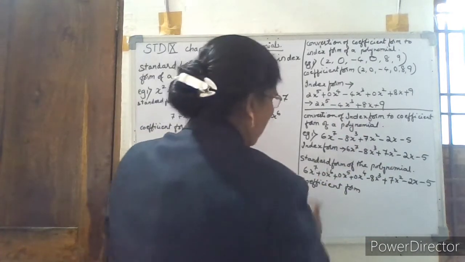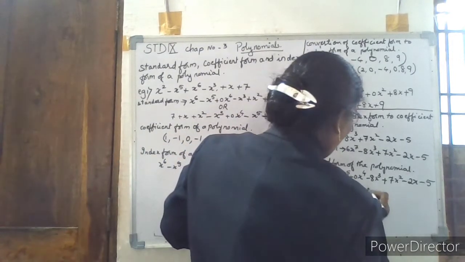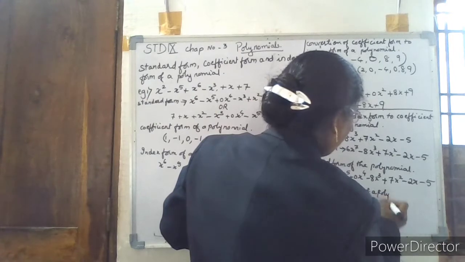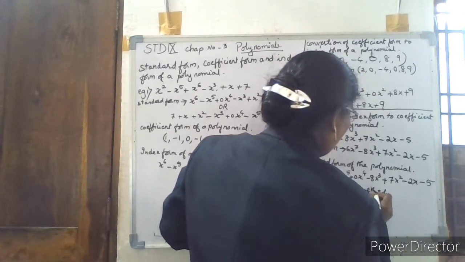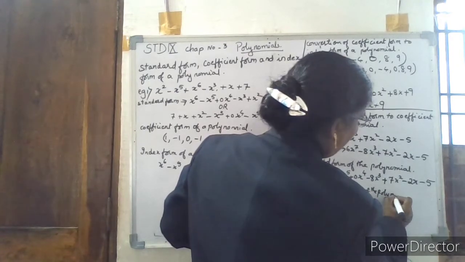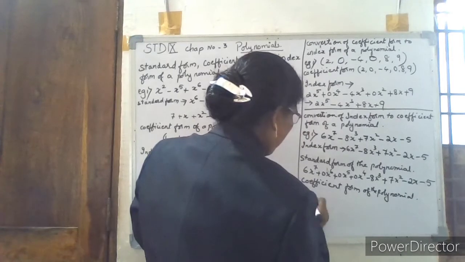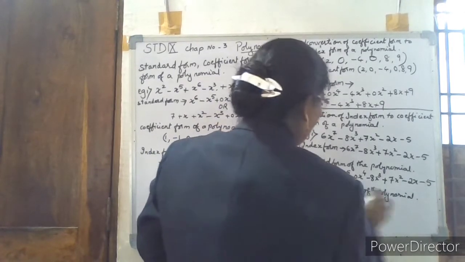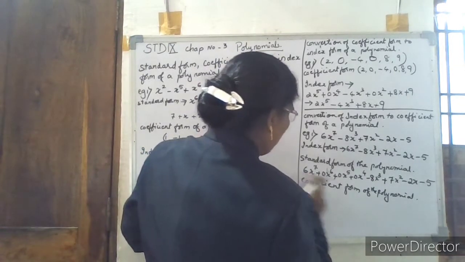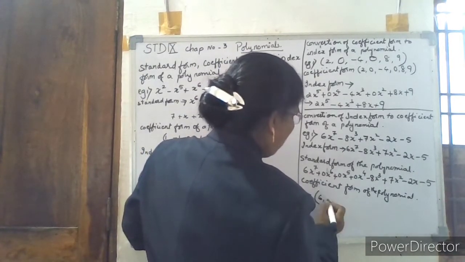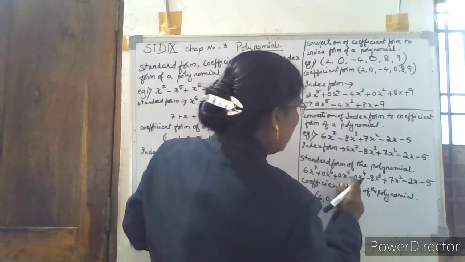So, coefficient form of the given polynomial is always in the bracket. It takes all the coefficients. This is 6, next one is 0, next again 0, 1, 2, 3 zeros are there.